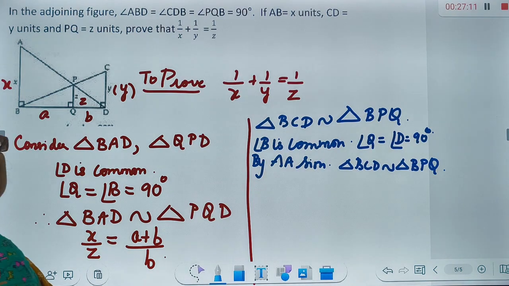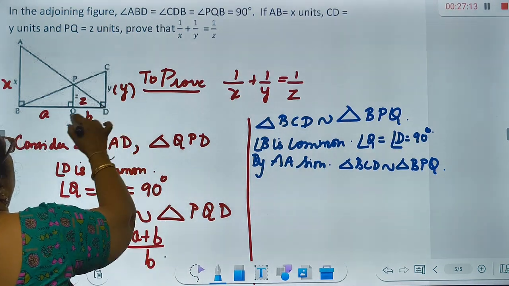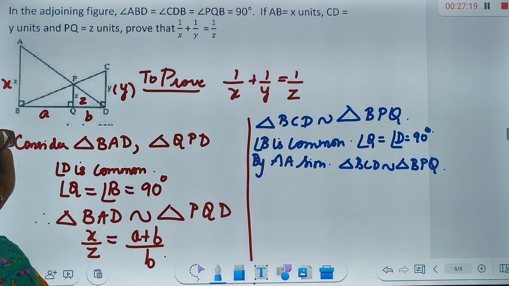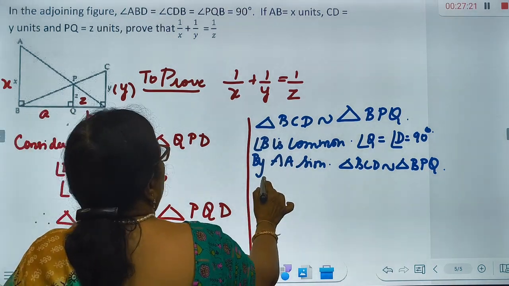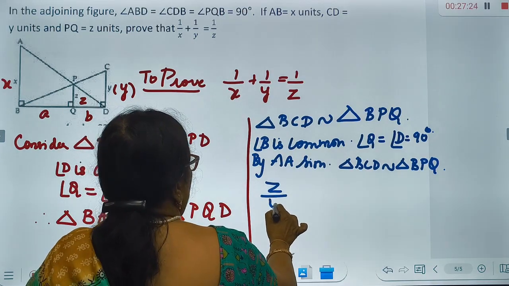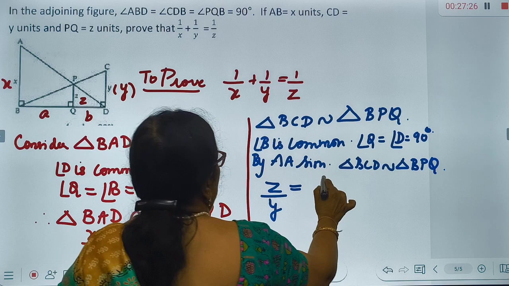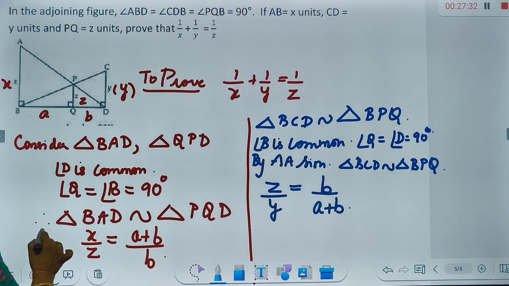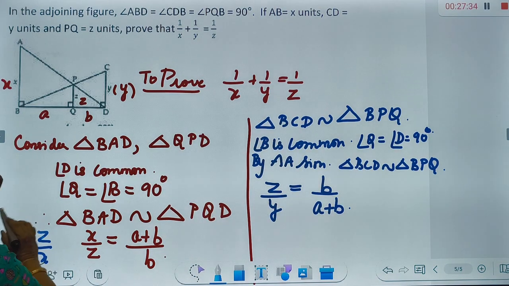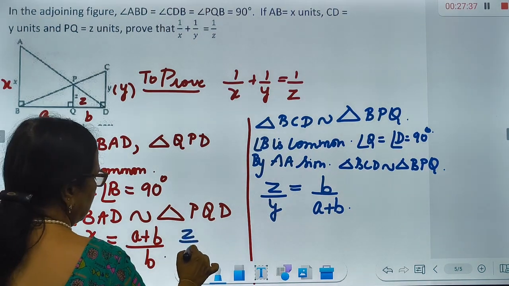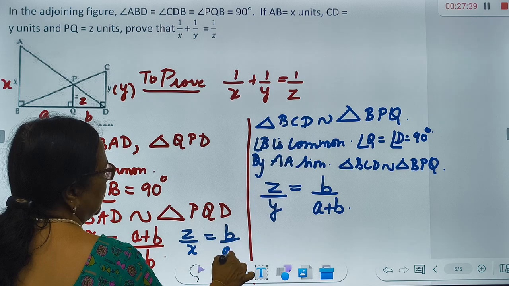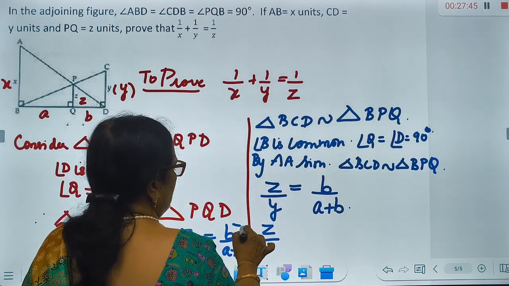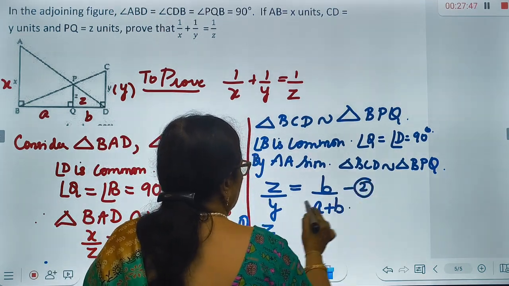So when I write the similarity of sides for this triangle and this small triangle BPQ, what will I get? Z by Y will be equal to A by A plus B. Here Z by X, if I invert this ratio, Z by X equal to B by A plus B. So this is 1 and this is 2.